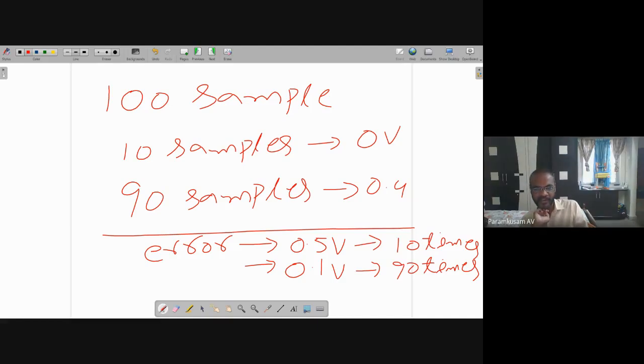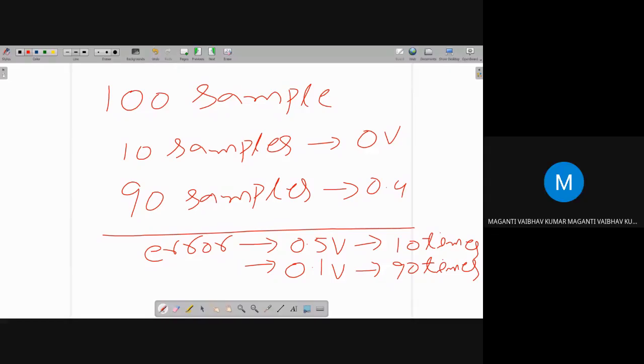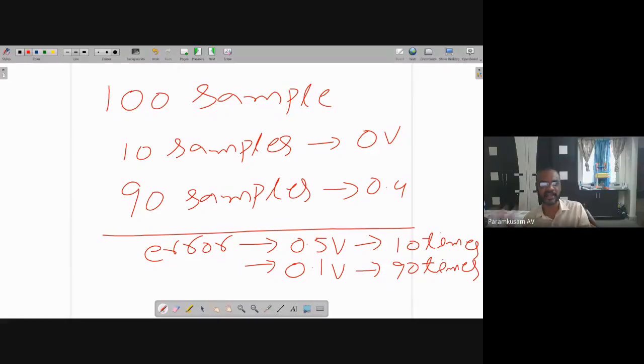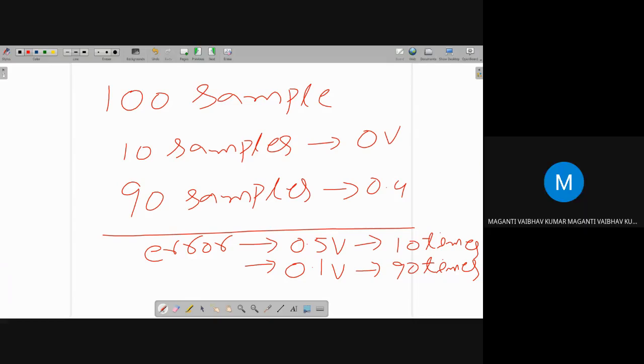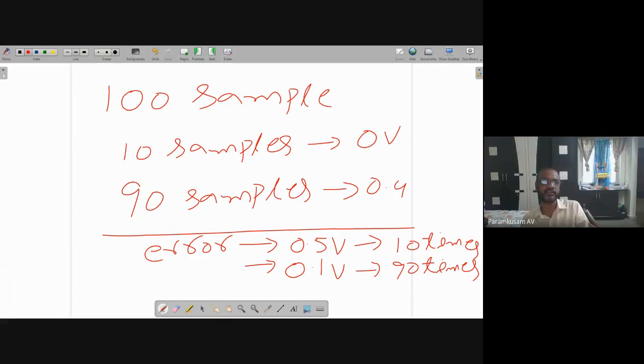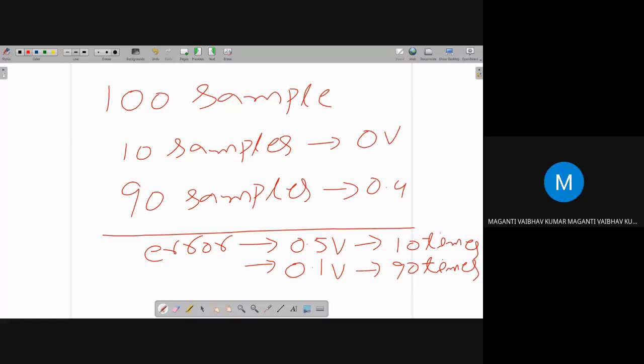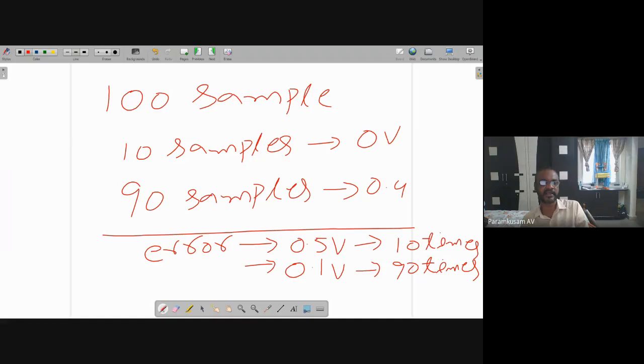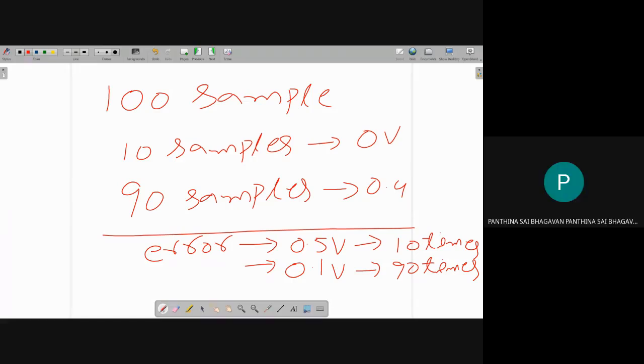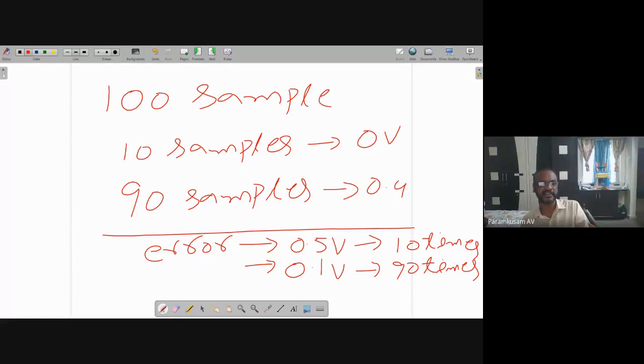What is the probability that the quantization error is 0.4 volts? 0. What is the probability that the quantization error is 0.3 volts? 0. What is the probability that the quantization error is minus 0.9? 0. What is the probability that the quantization error is minus 0.1? 0. Probability that the quantization error is 0.1 volts? 0.9.